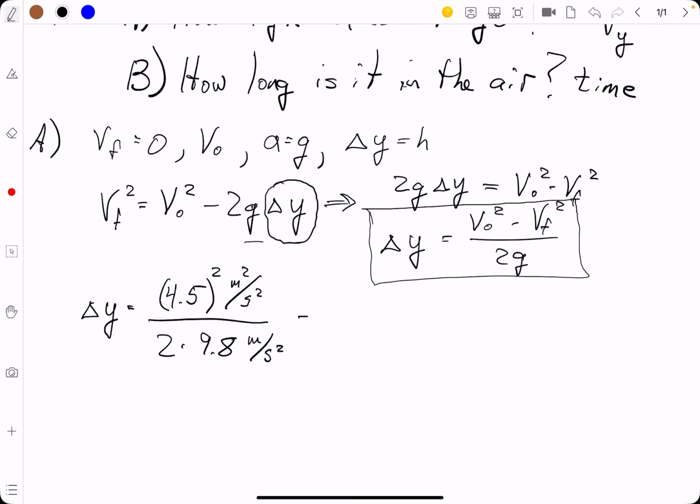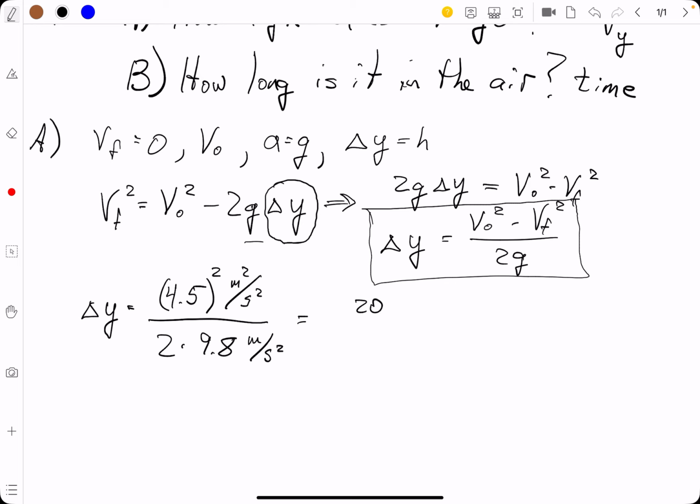Okay. I honestly have not done these since I changed the numbers. I haven't done the calculation, and I don't know what 4.5 squared is. Should be less than 25, but more than 16. So let's see here, 20.25.